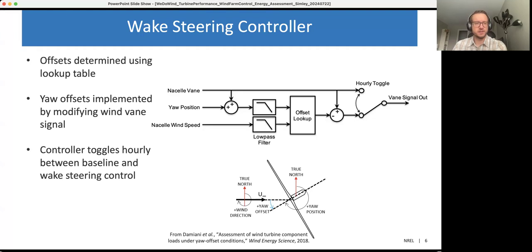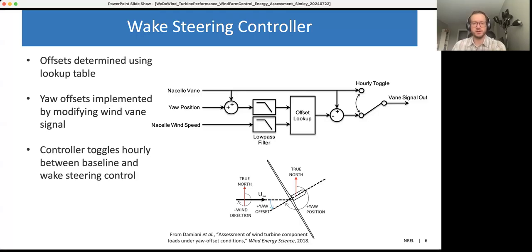And so I mentioned we use a lookup table approach as a function of wind direction and wind speed. And generally, these are just measurements from the turbine's nacelle and its yaw encoder. So we calculate the absolute wind direction, low pass filter that, and then take the nacelle wind speed measurement, low pass filter that.